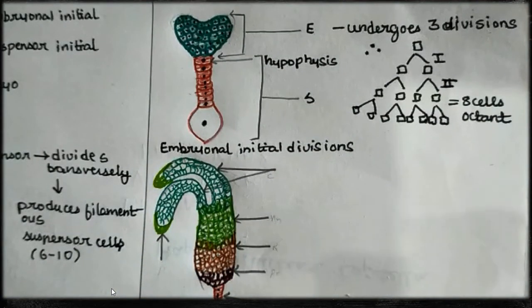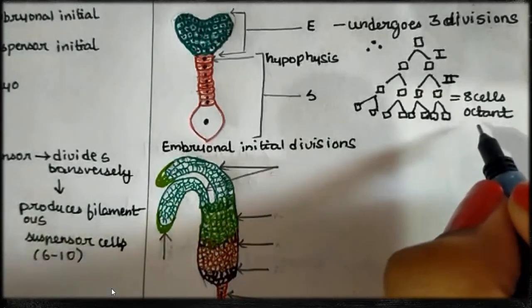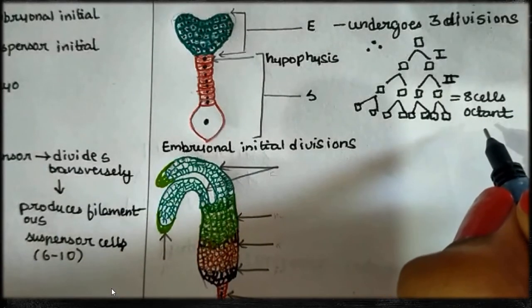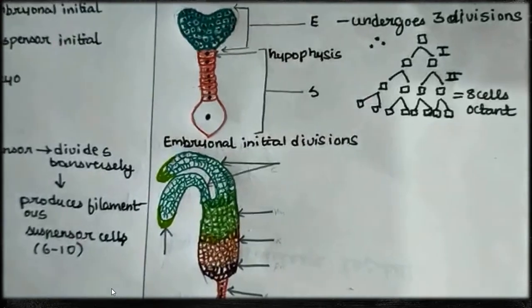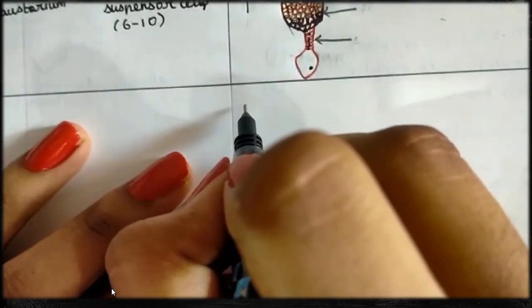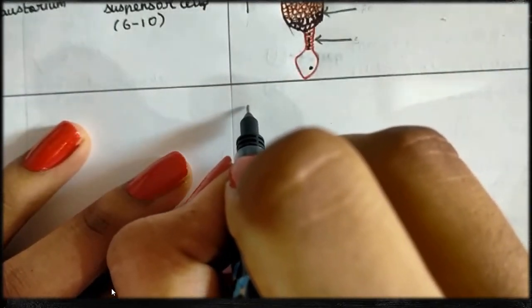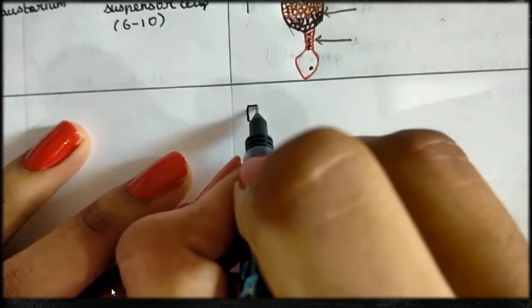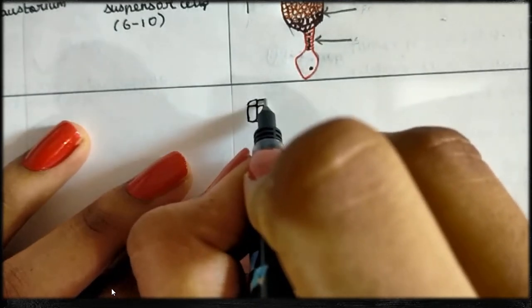Now we have 8 cells which are arranged in an octant structure, and let us see which cells form what structures in future. The octant structure is arranged such that they form 2 layers or 2 tiers.